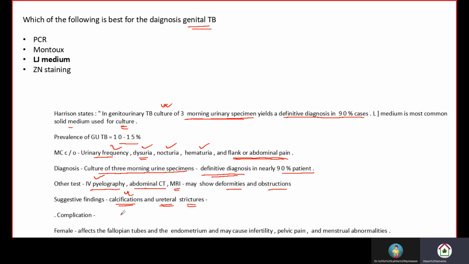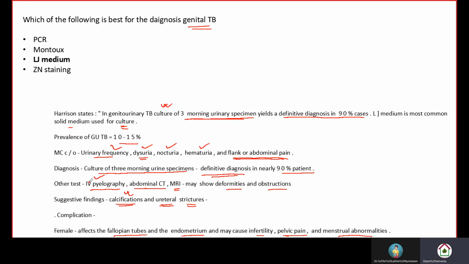Calcification occurs almost at the severe stage. Complications in females include effects on the fallopian tubes and the endometrium, which may cause infertility, pelvic pain, and menstrual abnormalities.